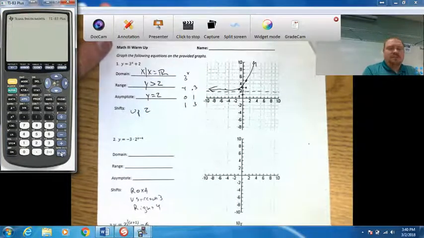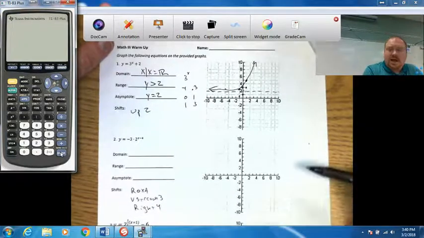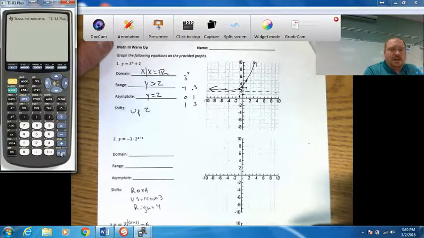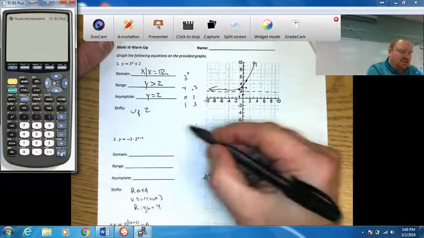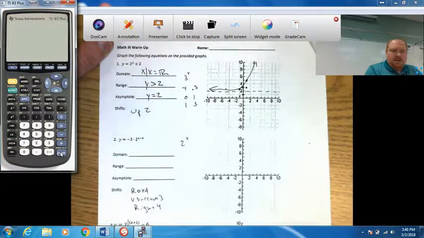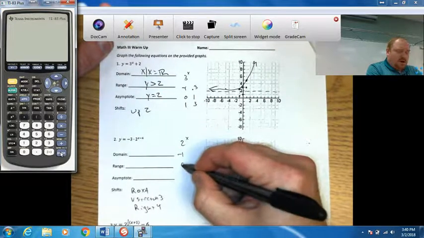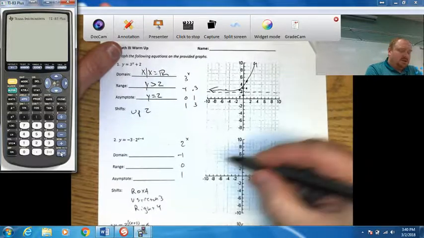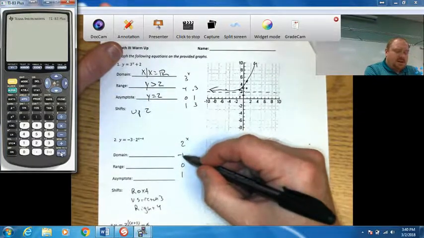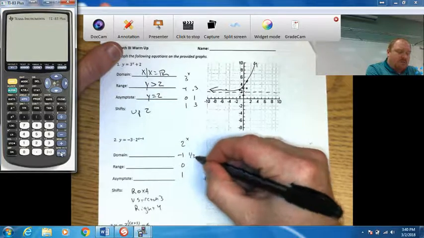Now, before I can do those, of course, I need the parent points. In this case, my parent function, instead of being 3 to the x, is 2 to the x. Now remember, I always use -1, 0, and 1 to get the parent points. So when I substitute that, 2 to the -1st will give me 1/2 or 0.5.